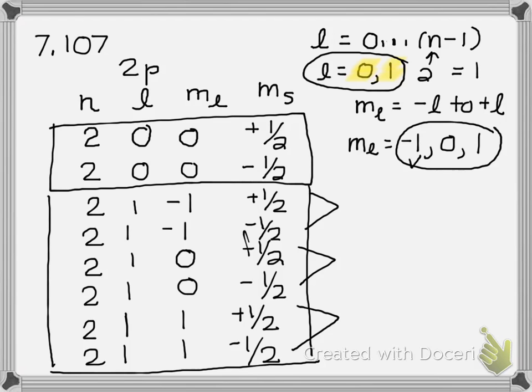Now, one more example to take a look at, and this one is a challenging one. It's 7.109. And I think it helps on this one to have an electron configuration in mind. So this 7.109 says, okay, it gives you an antimony atom.